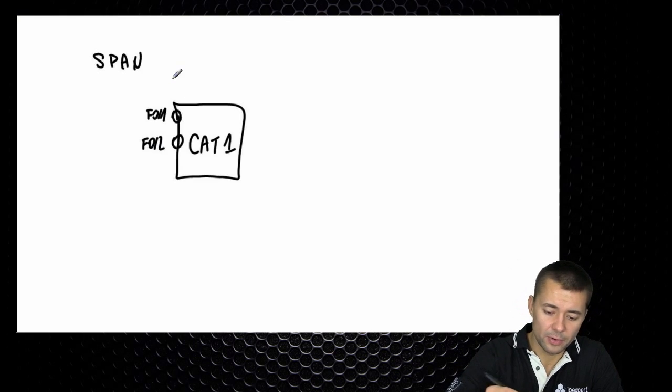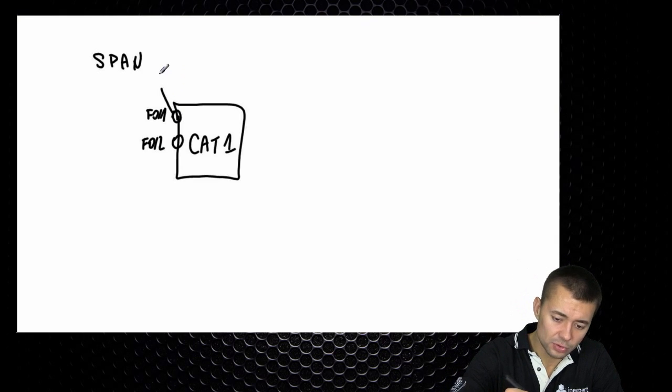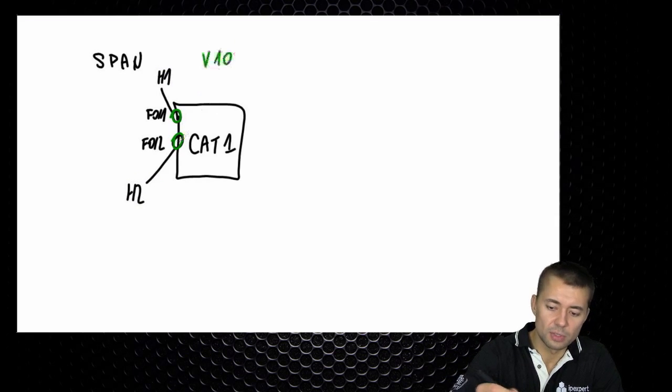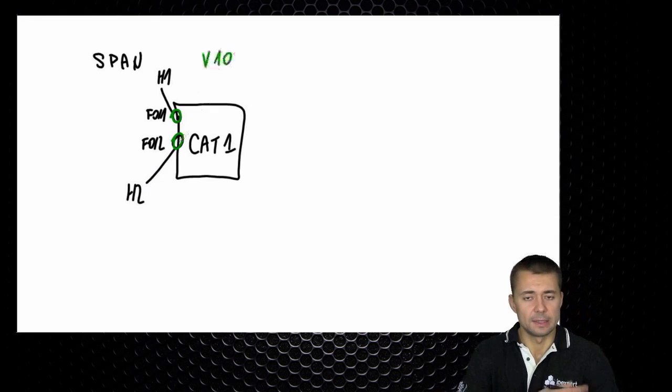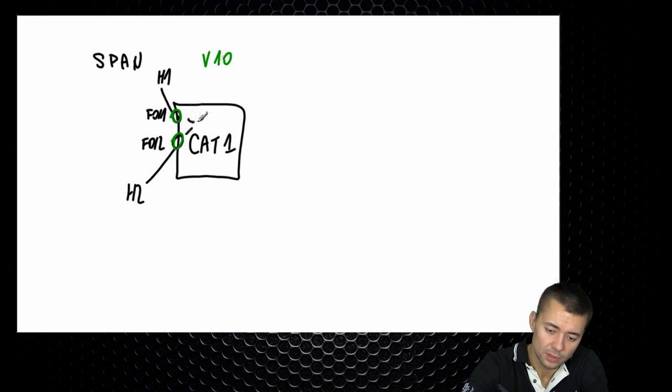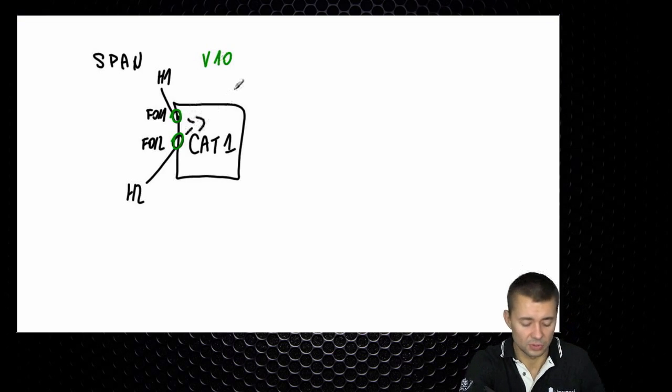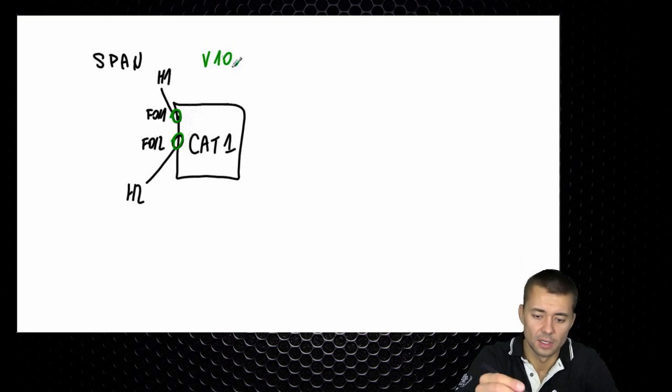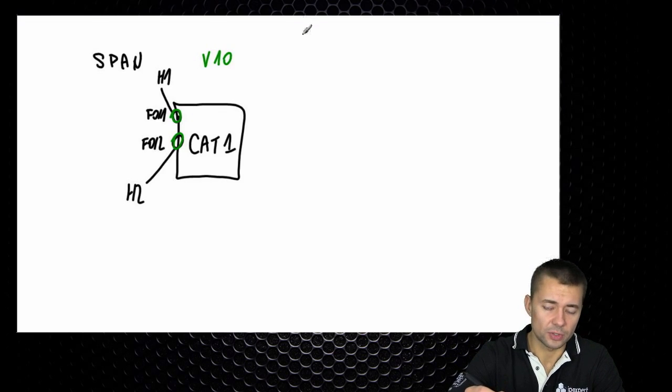So we will have our hosts connected over here, host 1, host 2, and they are part of a VLAN, let's say 10. So we can say that we want to copy the traffic that is received in VLAN 10, or maybe from those two individual ports. Just an example. So this is going to be our session source.